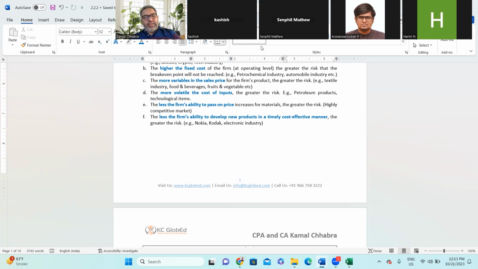And Parle-G is a brand which they have established over the last 50, 60 years, and which they do not want to see dropped. So strategically, considering the price sensitive market, they kept the pricing the same, but they reduced the quantity and the packaging.